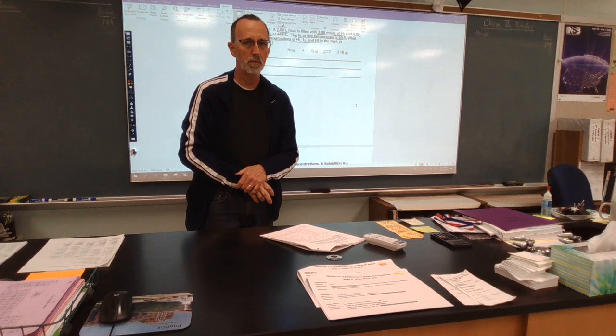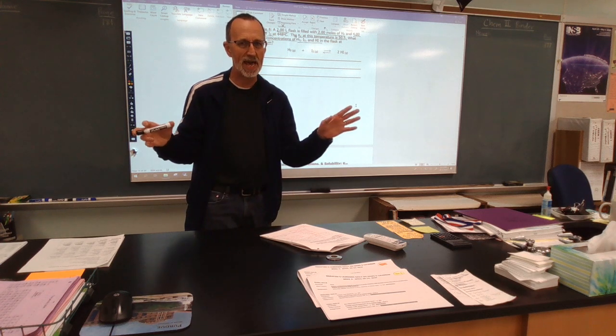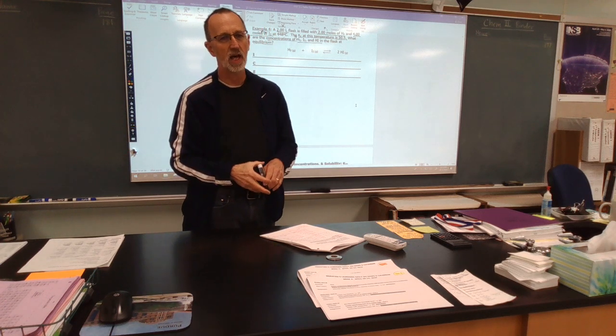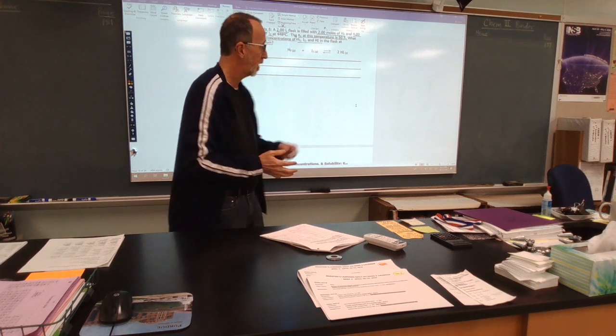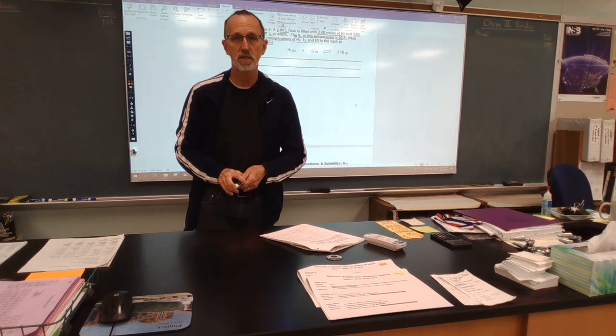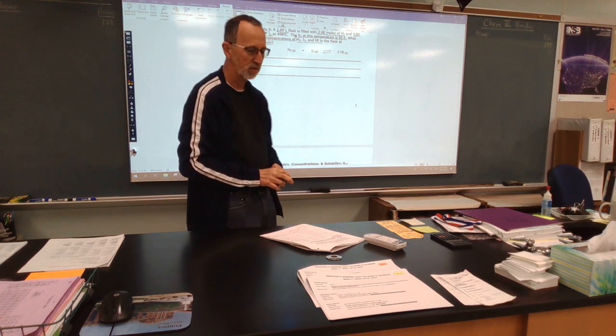So moles and volume or mass, we talked about this the other day, those cannot be used in an ICE chart, but we have information here to get molar concentration, or molarity.